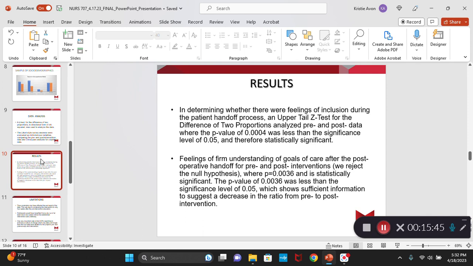Confidence interval estimates of the difference between two proportions, such as whether there's a firm understanding of the information passed over from the perioperative to the postoperative staff. The question of how often one understands the actual procedure performed between pre and post intervention, we rejected the null, and it was statistically significant.